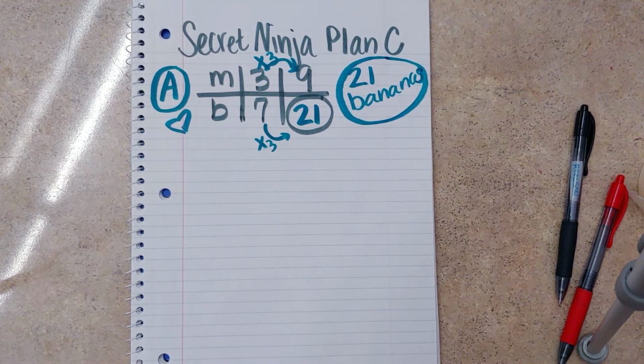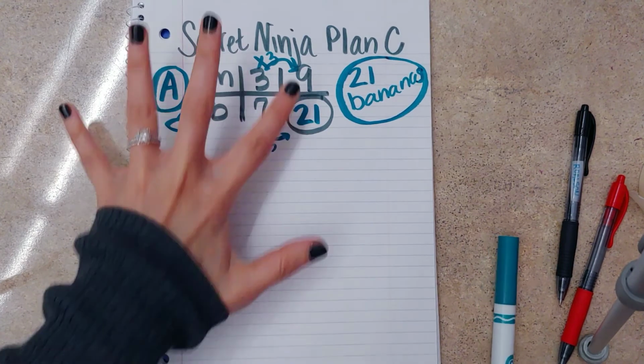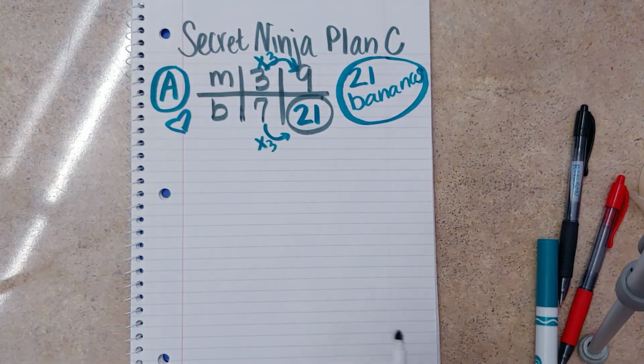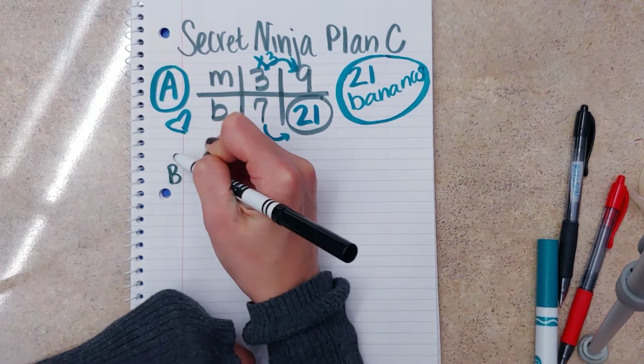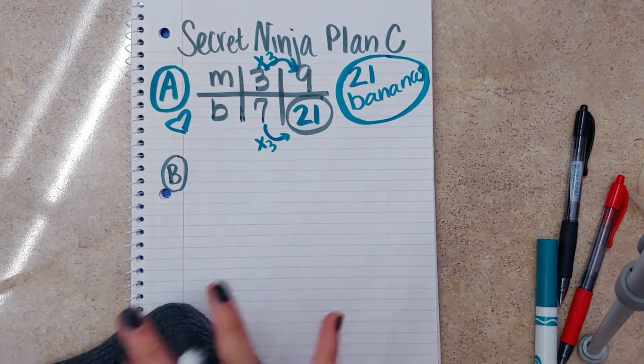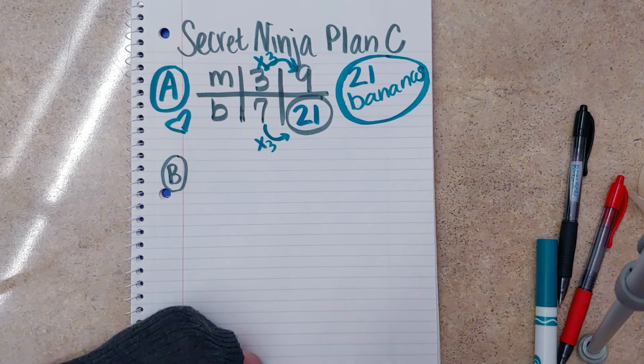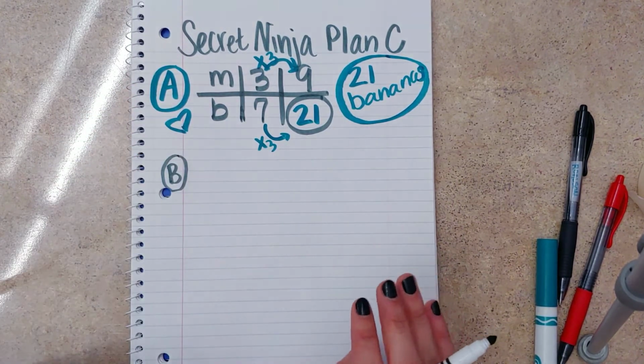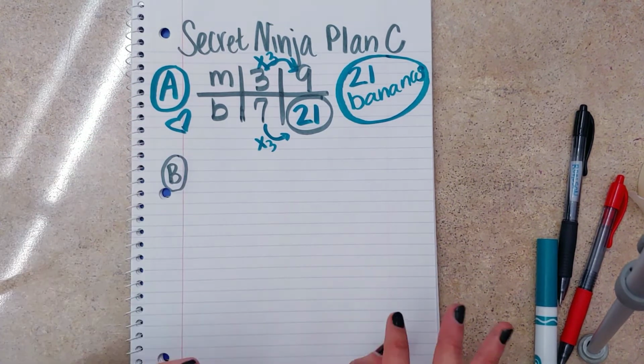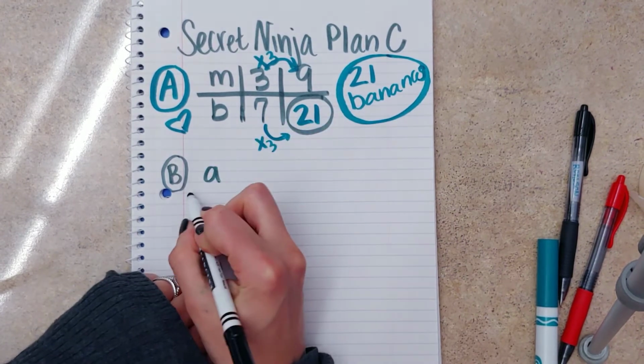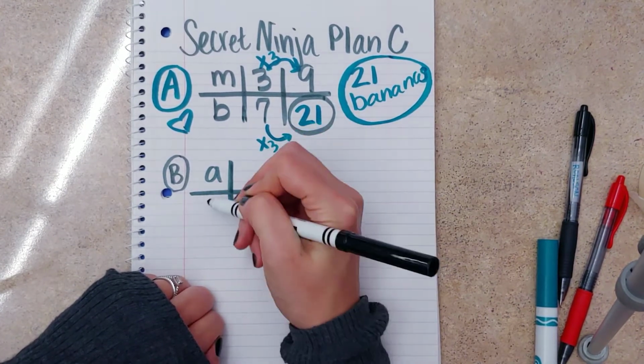But numbers aren't perfect. So if this scenario doesn't quite pan out, we move on to plan B, which isn't much different than this. But let's say this time, instead of monkeys and bananas, we work with apples and horses.